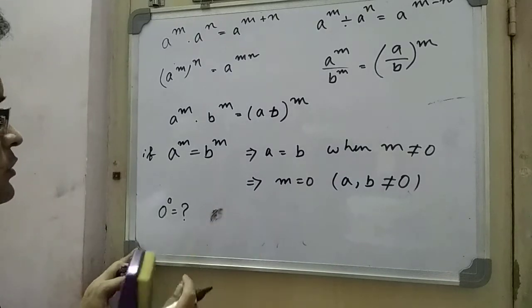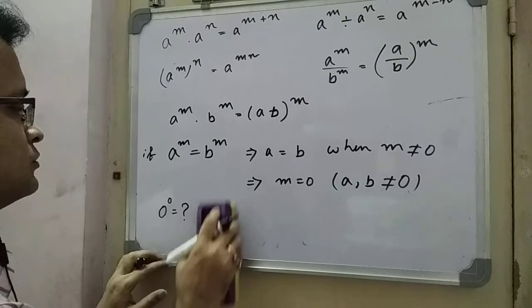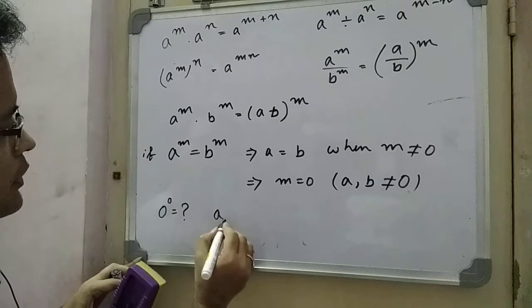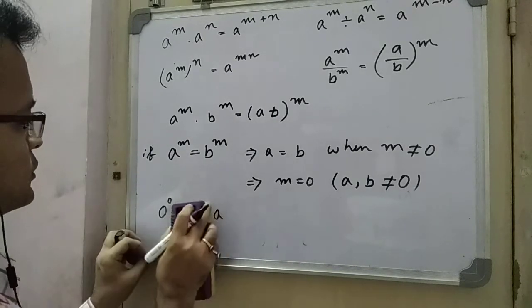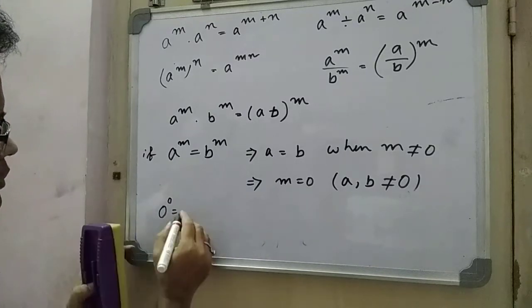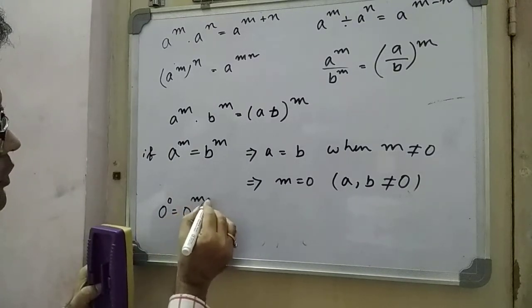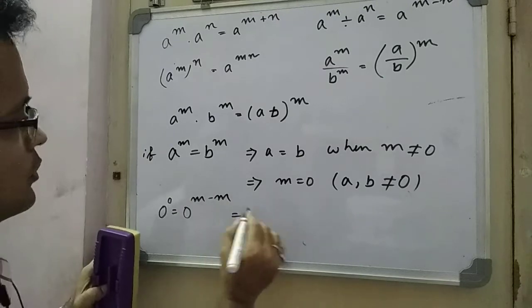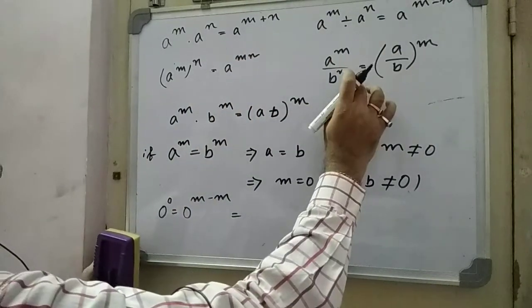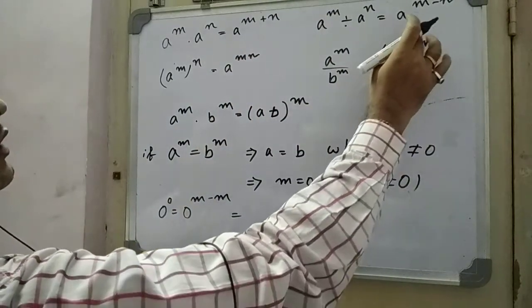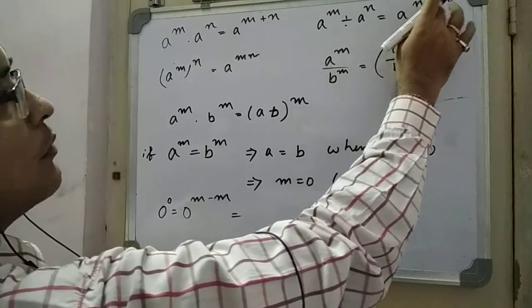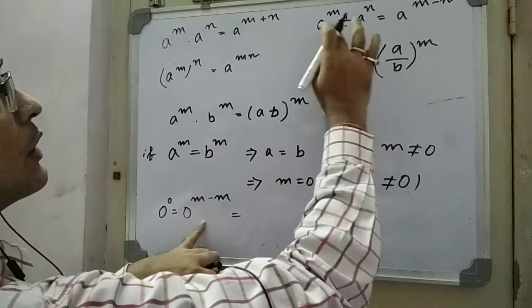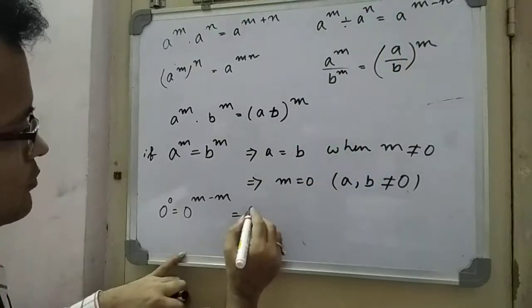So 0 to the power 0, so I will just write this power as, actually let me start from here, 0 to the power m minus m. So from this, I can write m minus m, this one, write it as 0 to the power m by 0 to the power m.